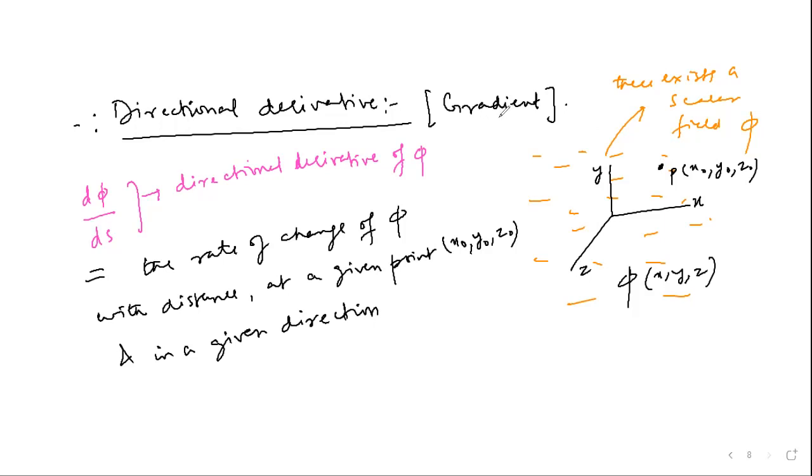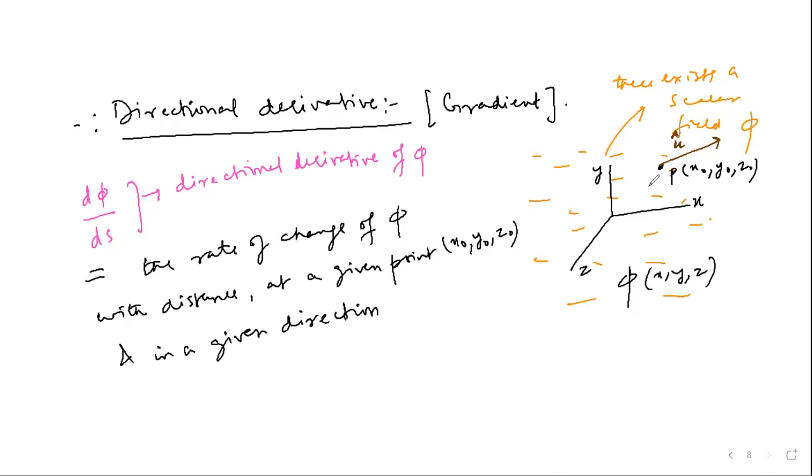Now, that direction, how we specify that direction? By unit vector. You know the unit vector. Unit vector has a separate symbol. We have already discussed that. Unit vector can be defined in any direction. For example, I define a unit vector, let this be my unit vector. I name it u cap.